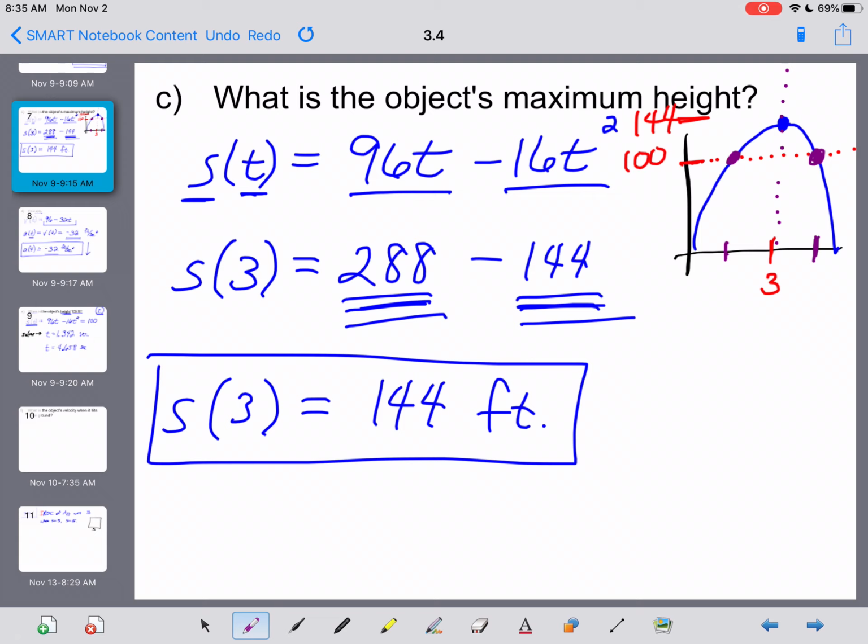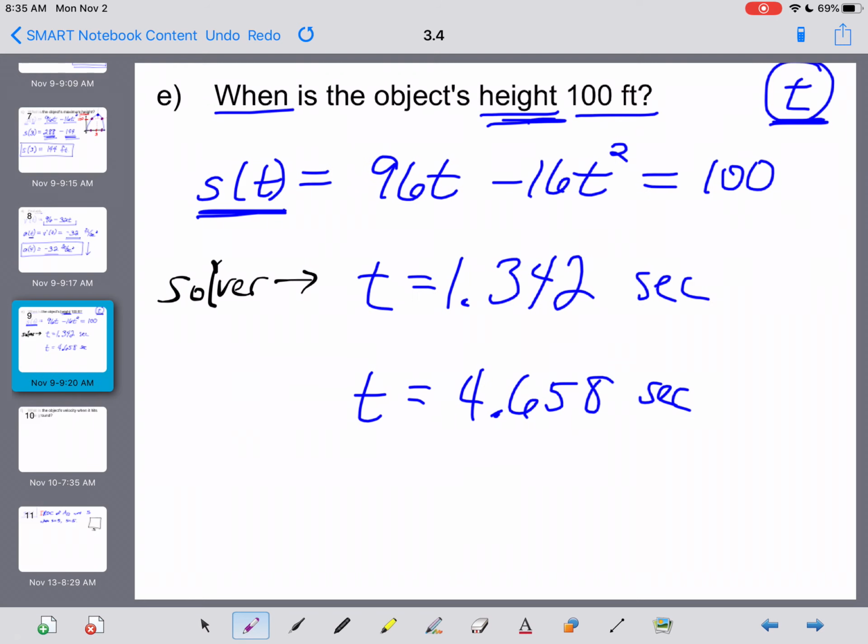Furthermore, and this won't always be the case, but it is in this problem, because your position function is quadratic, we know that this is a parabola and that it's symmetrical. Take a look at what happens if you take the average of 1.342 and 4.658.